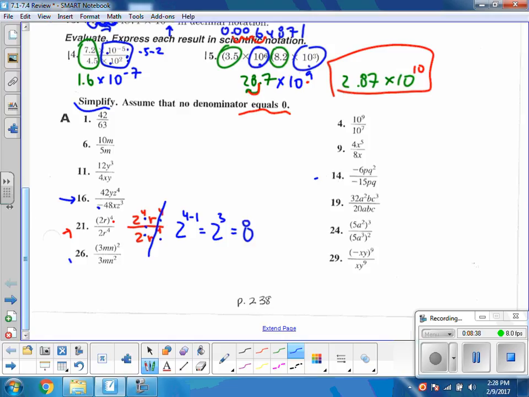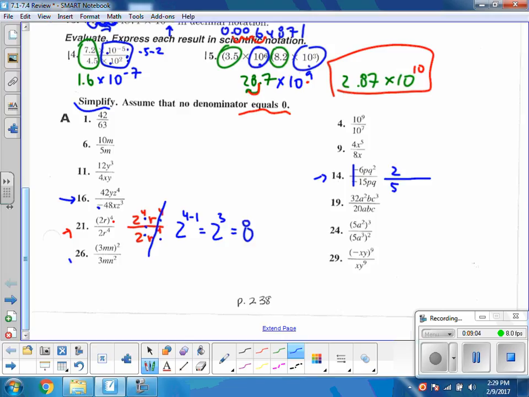Let's look over here. Let's look at 14. This looks interesting. All right, so I've got 6 over 15 and -6 over -15. Now, a negative divided by a negative is going to be positive, so I can actually clear out those negatives. So my whole thing is going to be positive. 6 over 15 can reduce, maybe by 3. So 6 divided by 3 is 2, and 15 divided by 3 is 5.